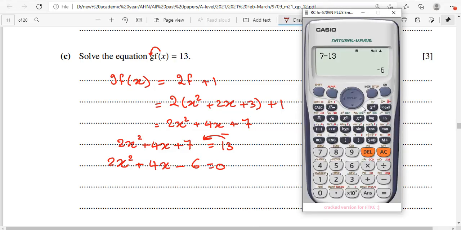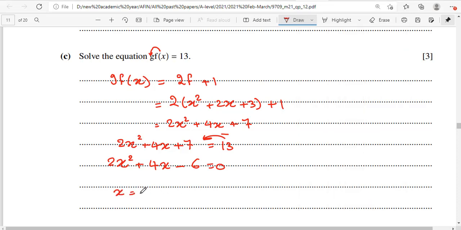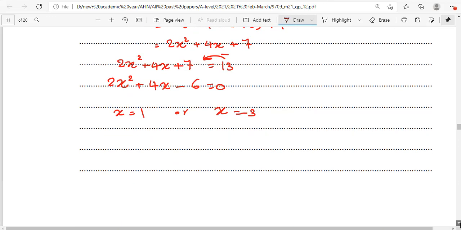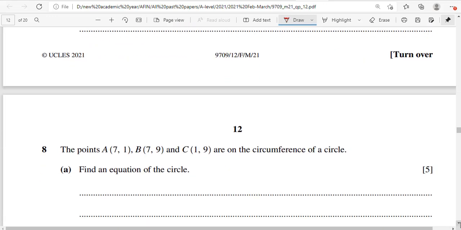Now we solve it by calculator or by quadratic formula. 2, 4, negative 6, 1, negative 3. So x equals 1 or x equals negative 3. We got the answers.